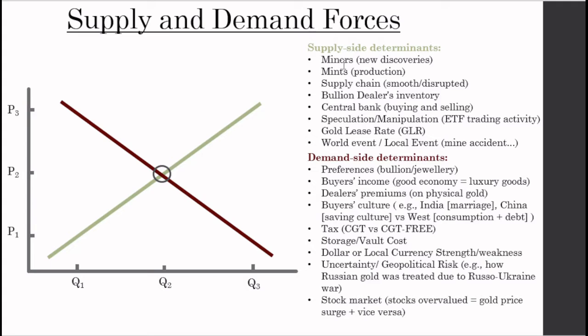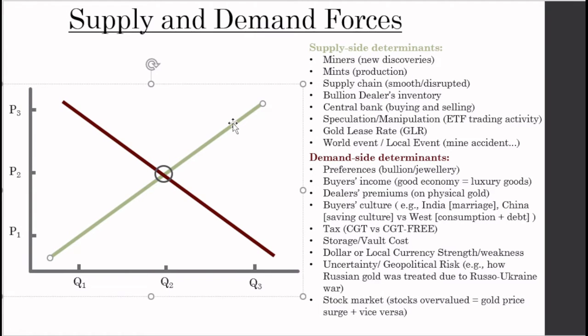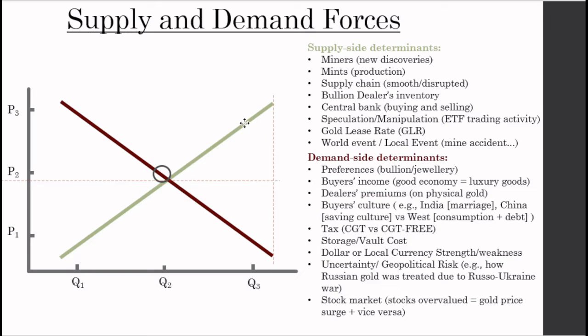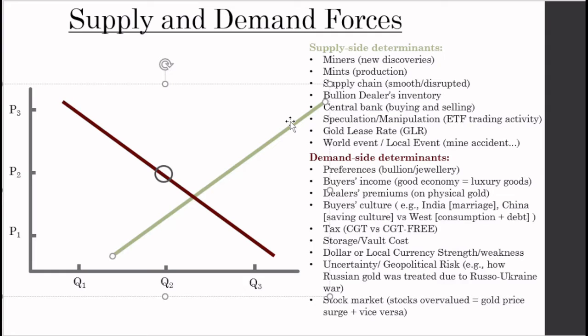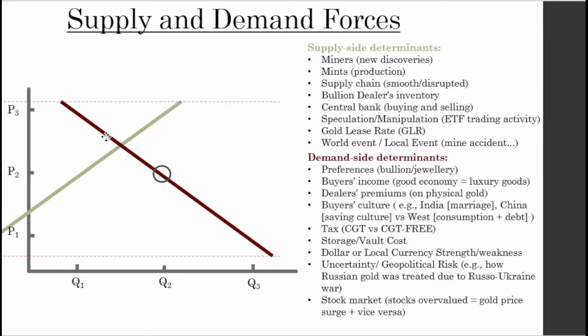Because of that, this supply line here is going to shift to the right. So in the market, when one of the determinants, such as miners, increases, the line shifts to the right, and when the supply is decreasing because miners are not able to find gold, then the line will shift to the left. It's going to be like this.